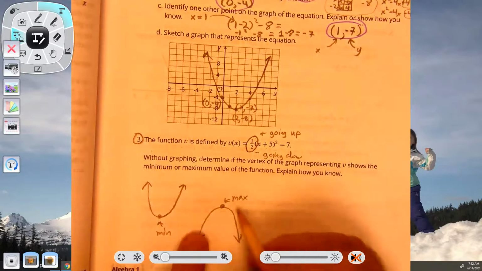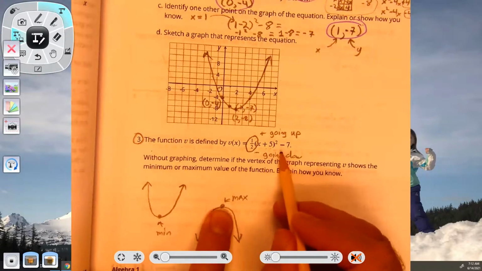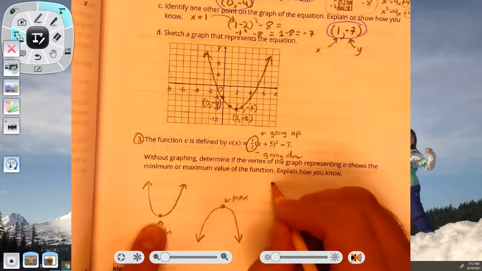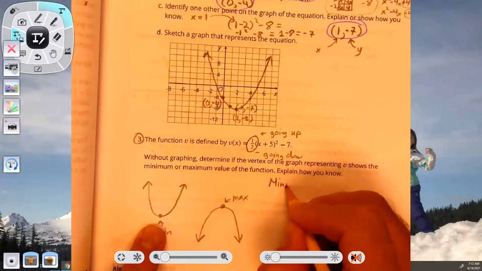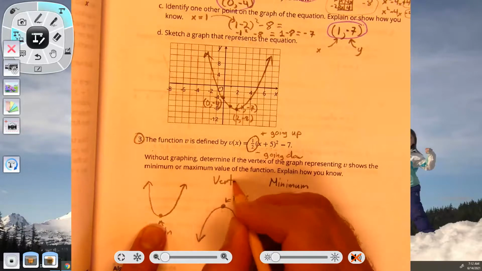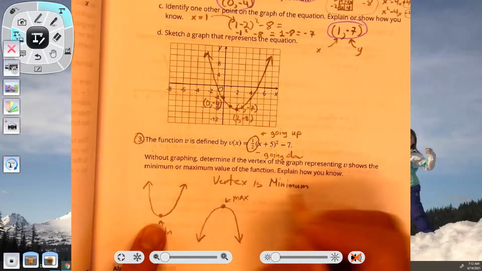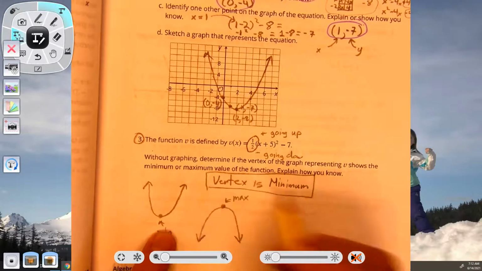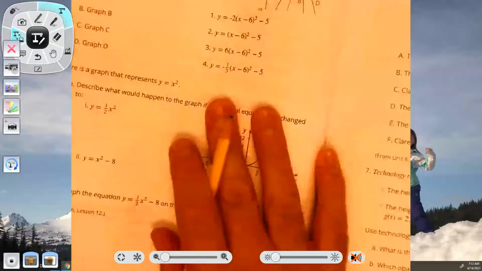And if it's going down, then this would be the maximum. If it's going up, then this would be the minimum. So this shows us a minimum. A vertex is minimum. Okay, so there's number 3. Let's go ahead and move on to number 4.